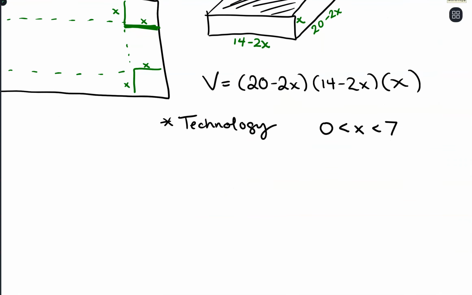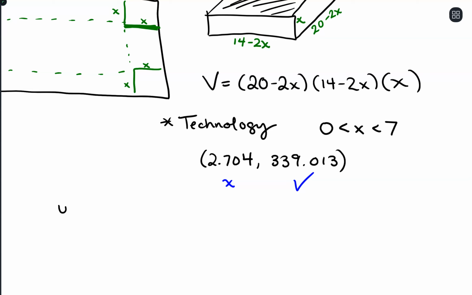So let's write that coordinate down, 2.704 and 339.013. So that's giving us a value for x, which is the side of the squares that we're going to cut out. And then that 339 is the volume of the box.